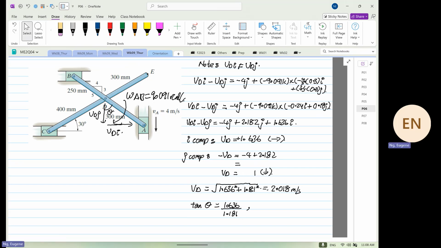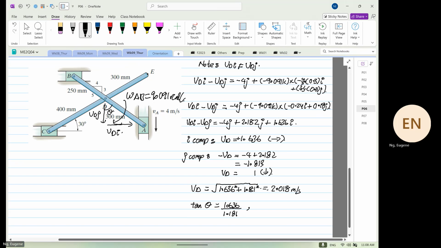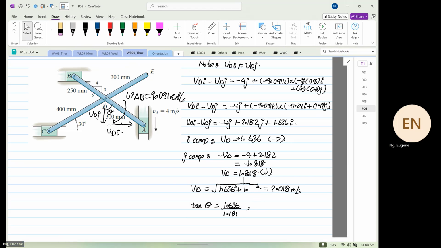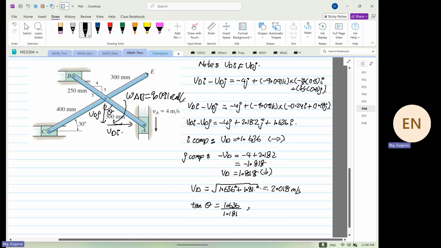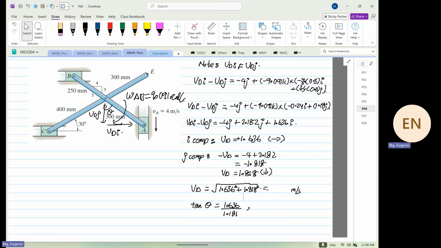So minus 4 plus 2.182 is minus 1.818. Oh, that would be a big mistake, okay? So 1.636 squared plus 1.818 squared, square root of the whole thing is 2.445.